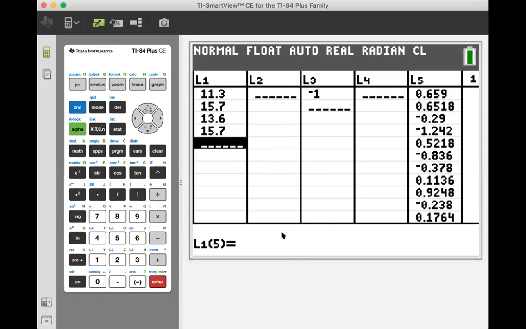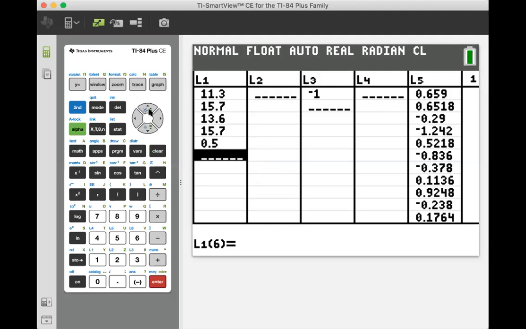And 17.5. Having trouble getting 17.5 in here. 15.8. And finally 15.